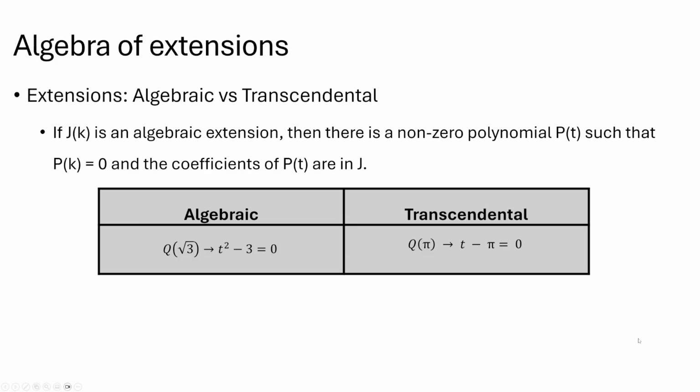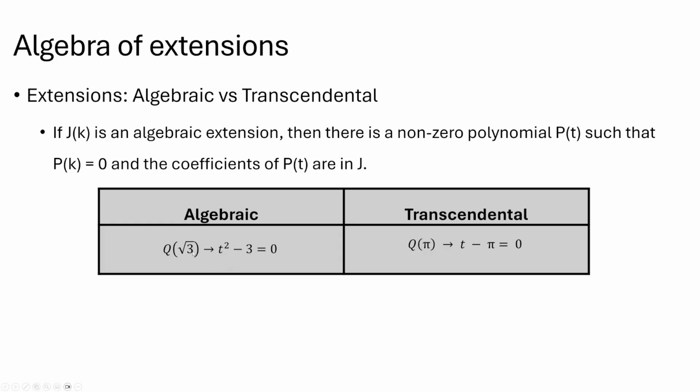And so we have to talk about the algebra of these extensions, and these extensions are described in two ways. You have algebraic and transcendental. An algebraic extension essentially just means that you have a non-zero polynomial in which, using whatever you're adjoining, you get 0. So yeah, a non-zero polynomial such that p of k is 0 and the coefficients are in the original field.